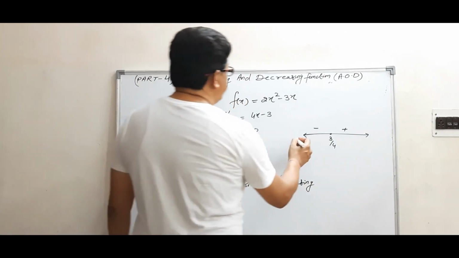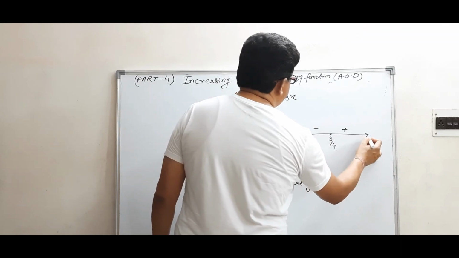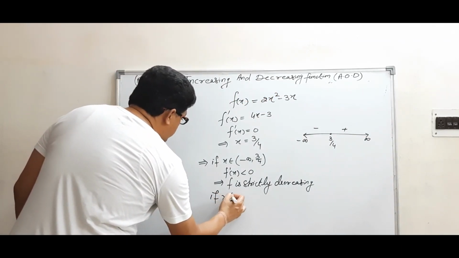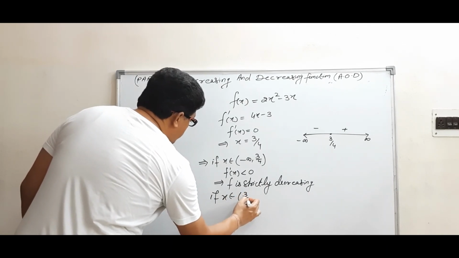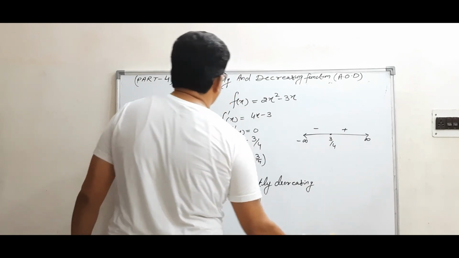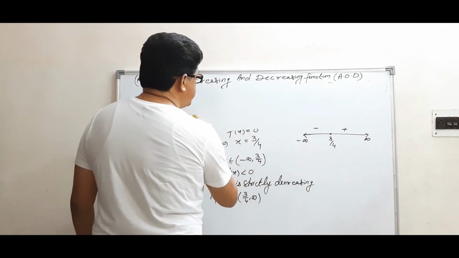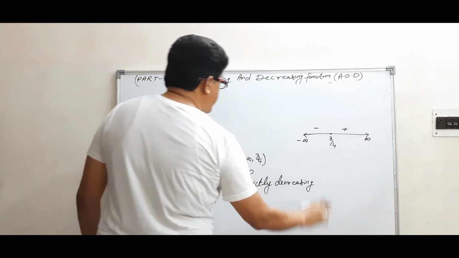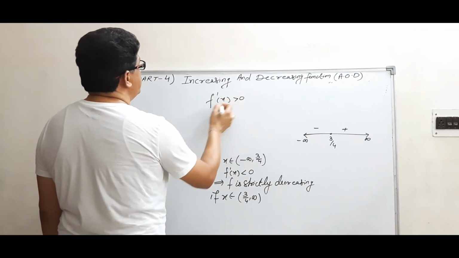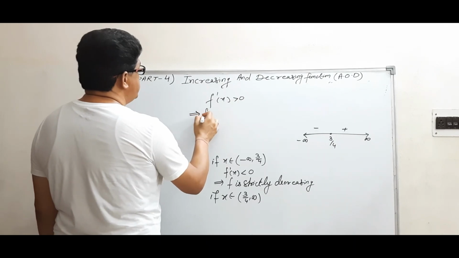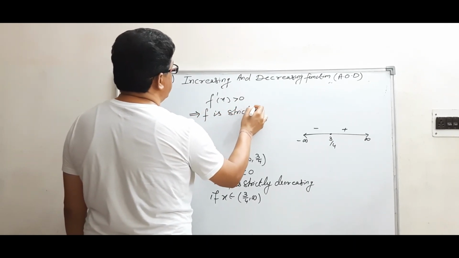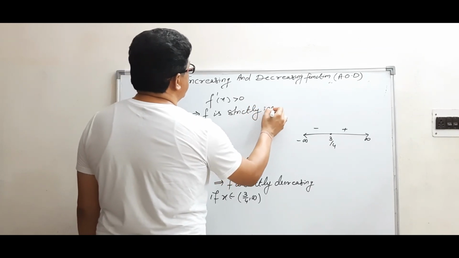Here we have minus infinity, here we have plus infinity. If x belongs to 3 by 4 to infinity, f dash x is positive, f dash x greater than 0. This implies f is strictly increasing.